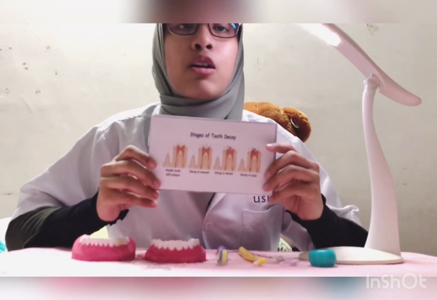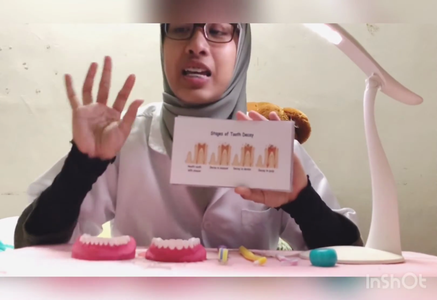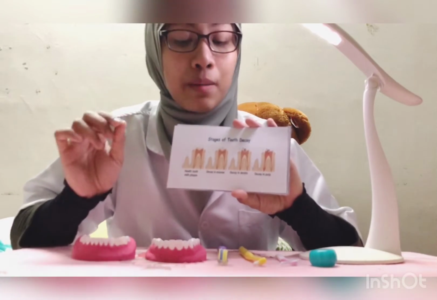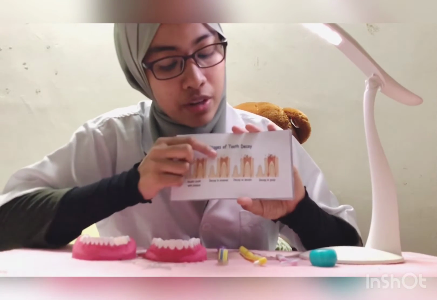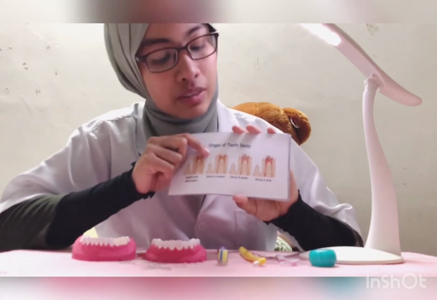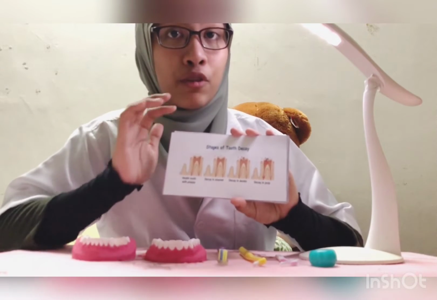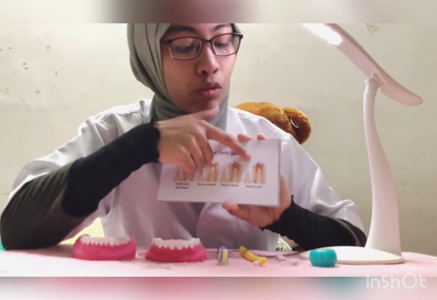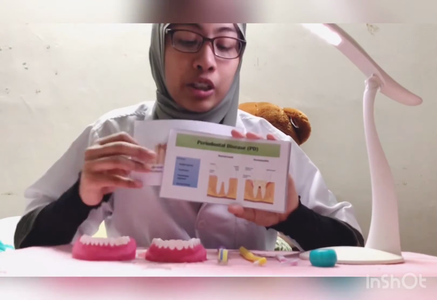Tooth decay happens when the tissues, like I said just now, which has three layers, enamel first, dentin second, and the innermost part, pulp, dissolve. First it dissolves the first layer, enamel, and then it is still reversible. We can treat it, but if we leave it untreated for a long time, it will go deeper to the dentin and later to the pulp, and it leads to a more complicated condition.